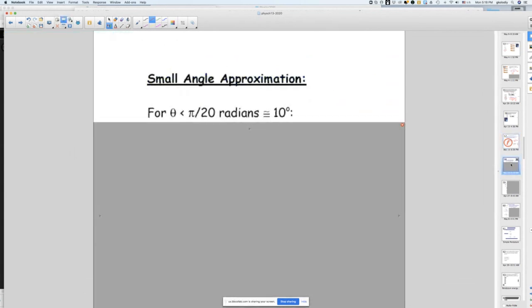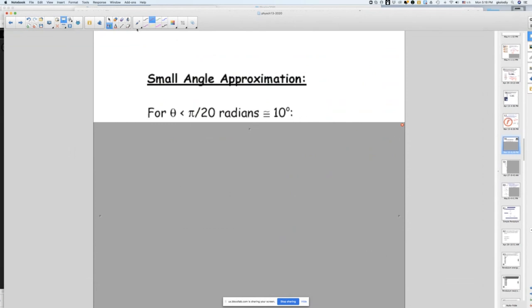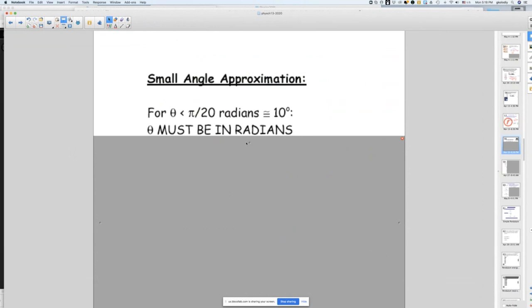First of all, we want to make what's called a small angle approximation, with a small angle being anything around 10 degrees or less. But to do this, theta must be in radians, so we have to convert to radians.